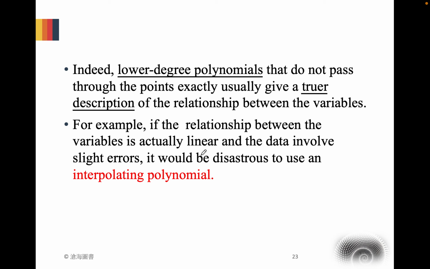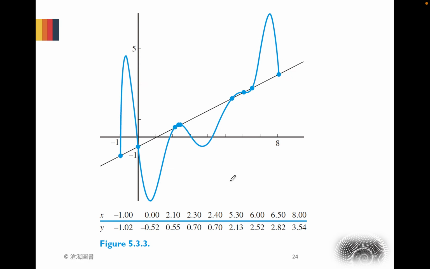in practical cases. Okay. So for example, if the relationship between the variables is actually linear and the data involves slight errors, it would be a disaster to use an interpolating polynomial. We can see this example here. Now we have several data points, this one, this one, this one, and so on.